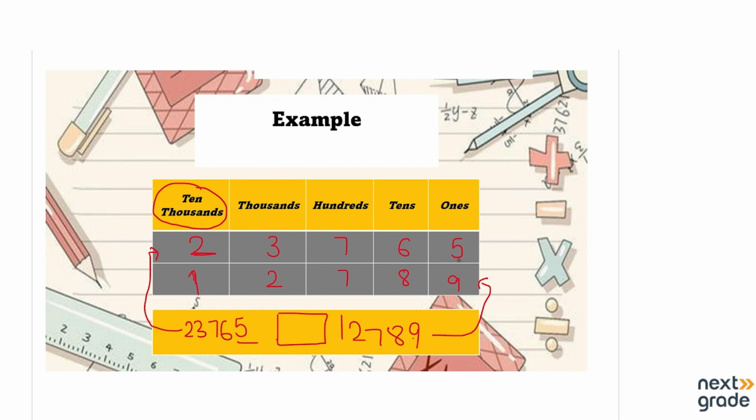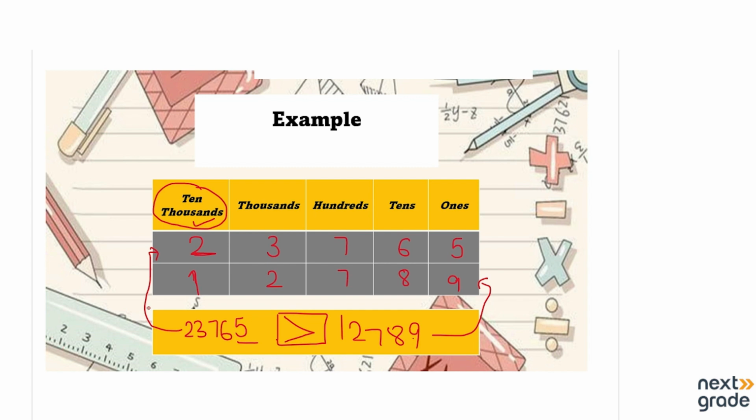We don't need to read the next places because the biggest place value is already showing the answer. So that means 23,765 is the bigger one. Now, which operator am I going to put over here? It's the one that shows the opening side, like this.